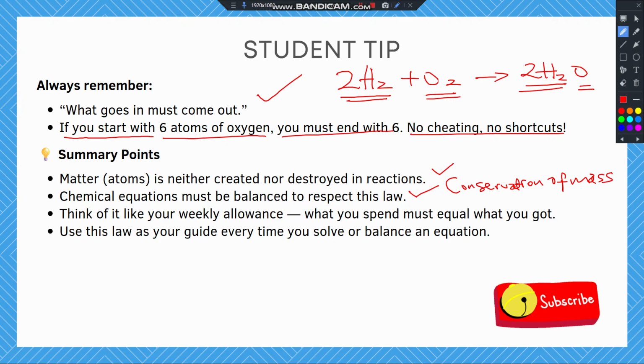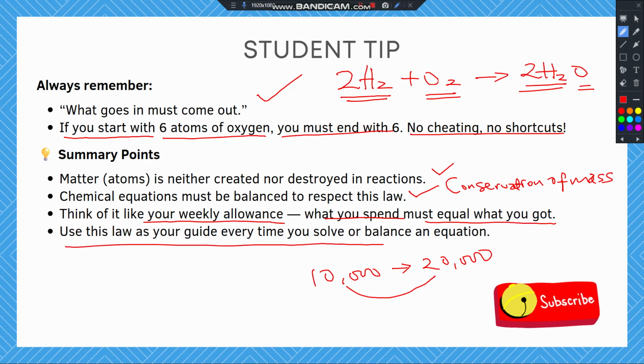Okay, so think about it like your weekly allowance. What you spend must equal what you got. So if you got 10,000 naira, for instance, you can't spend 20,000 naira because they will not be the same and balanced. So use this law as your guide every time you solve or balance an equation.